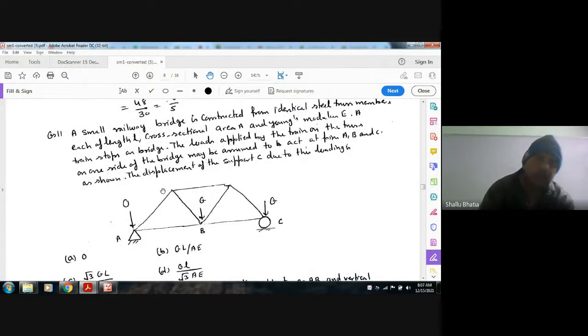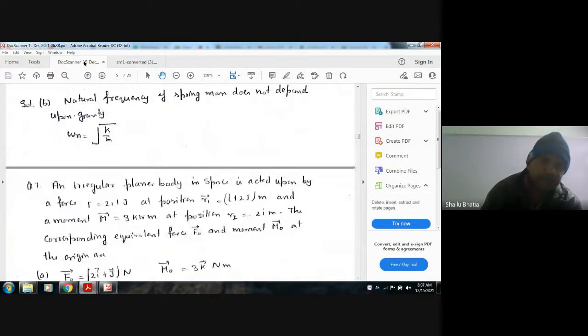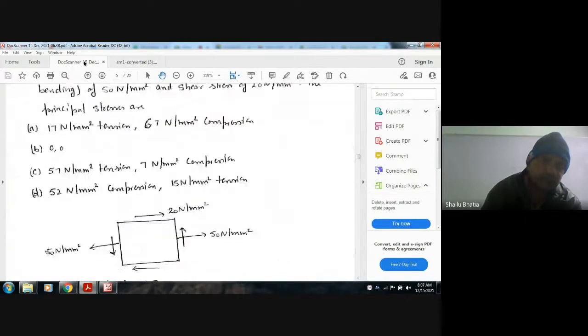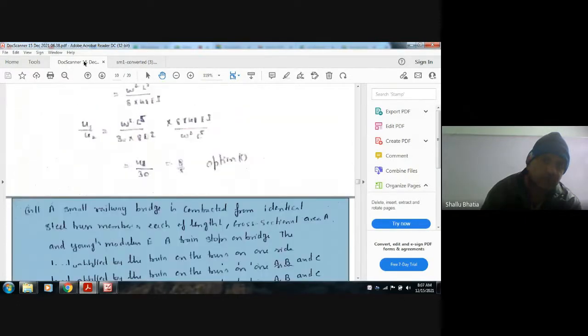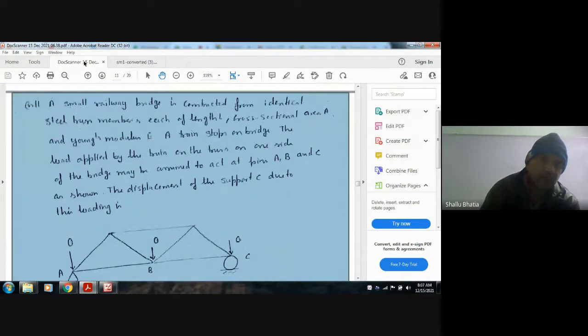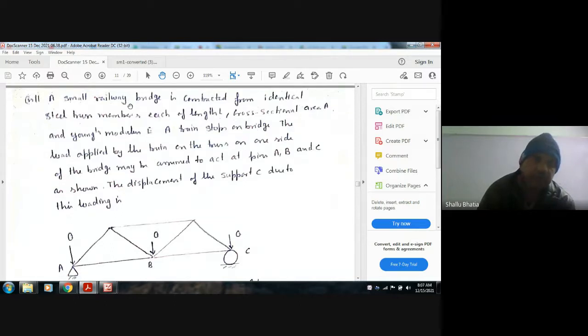Next, a small railway bridge. A small railway bridge is constructed from identical steel truss members, each of length L, cross-sectional area A, and Young's modulus E. A train stops on the bridge.